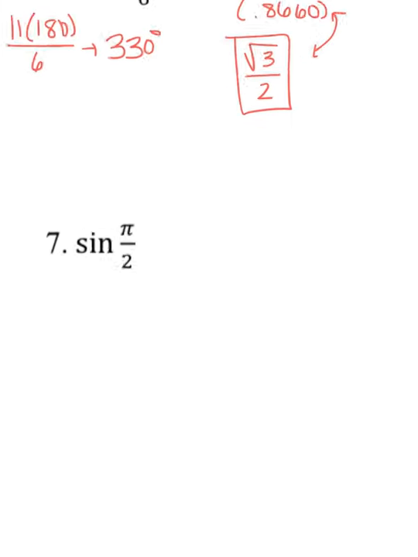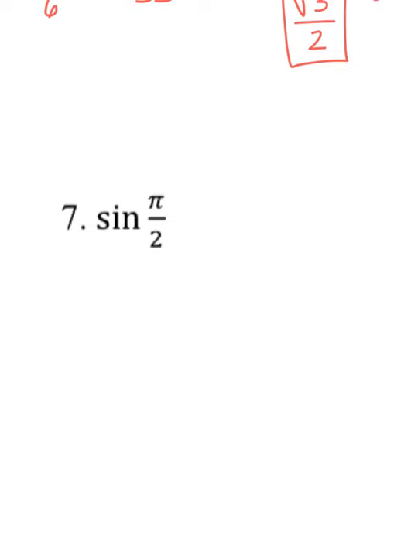Number 7, the sine of pi over 2, that's in radians. So I replace the pi with 180. So this is really asking me for the sine of 90 degrees. I type that into the calculator and I get 1.